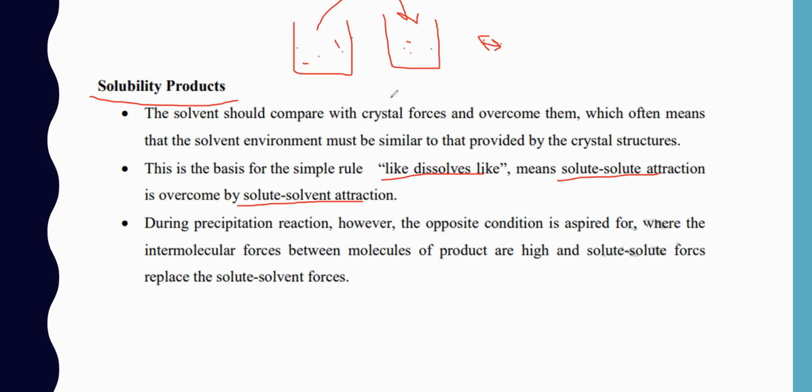So both the solutes will attract each other and form a precipitate. During a precipitation reaction, however, the opposite condition is desired, where the intermolecular forces between the molecules of product are high and solute-solute forces replace the solute-solvent forces. So solute-solute attract each other and solute-solvent repel each other, and we get the precipitate.